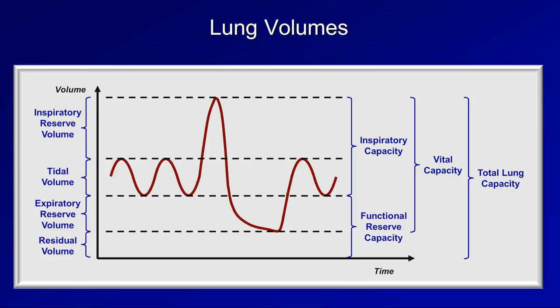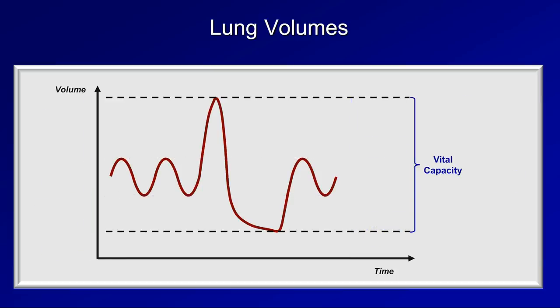This graph probably looks familiar from the last video. For right now, the only subdivision of the volume that we'll focus on is the vital capacity. And actually, when the vital capacity is measured within the context of standard spirometry, that is, within the context of the patient exhaling as quickly as possible, it is known more specifically as the forced vital capacity, or FVC.